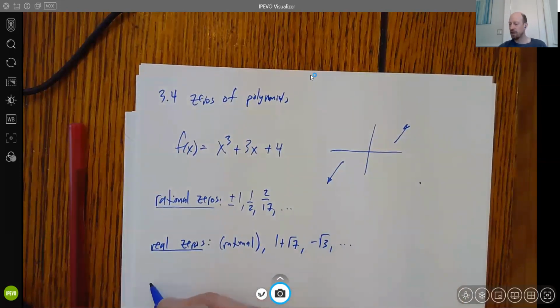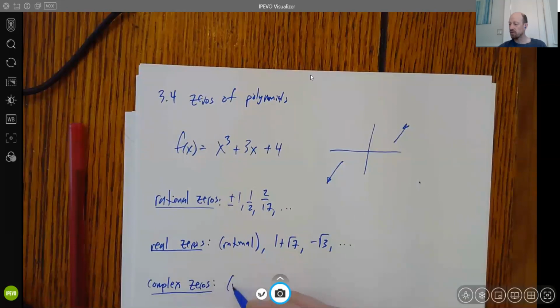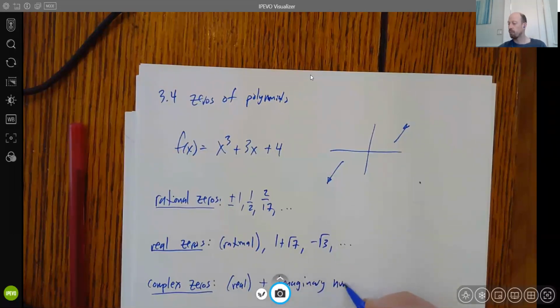And then finally, we have complex zeros. So complex zeros include all the real zeros here, plus what are called imaginary numbers. Right?